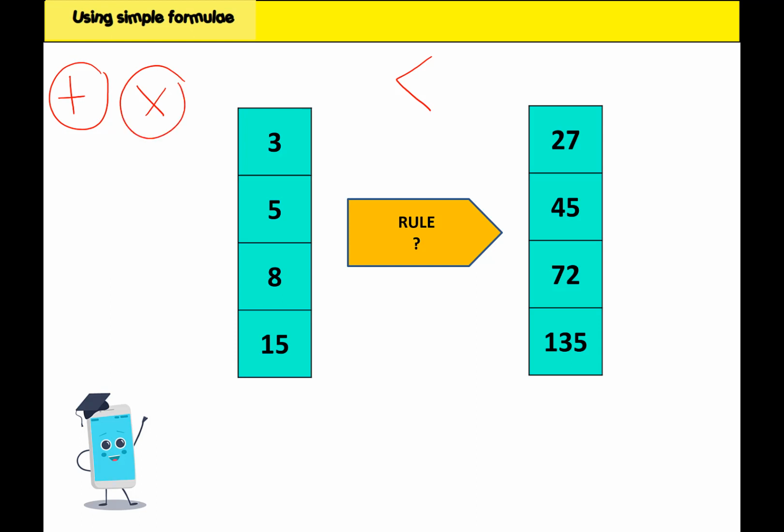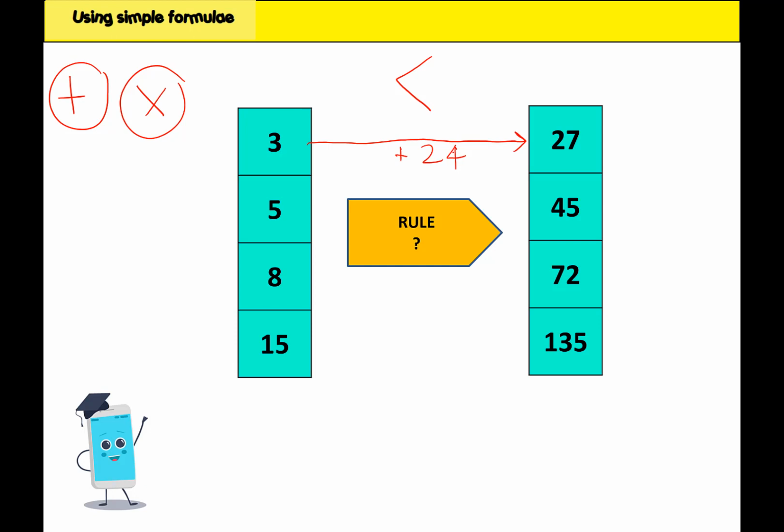So at this point, if you haven't spotted it, let's work through systematically. What would we need to do to 3? What would we need to add to it to get to 27? We'd need to add 24. We'd need to add 24 to 3 to get to 27. So that would be our rule.